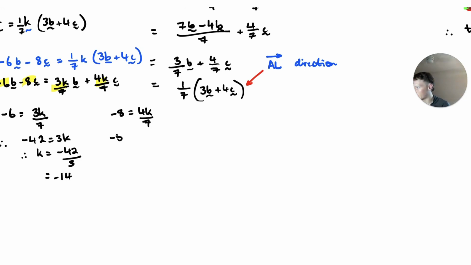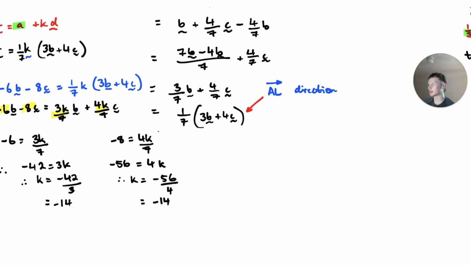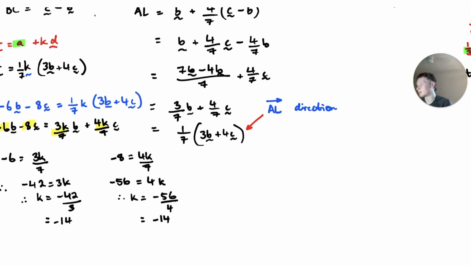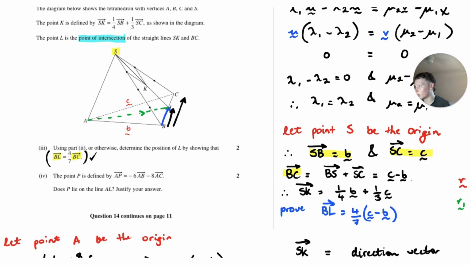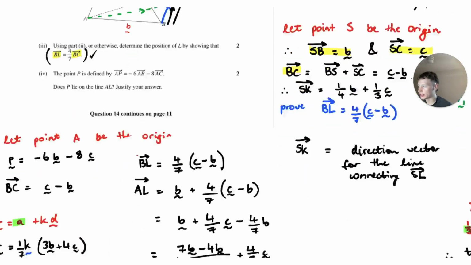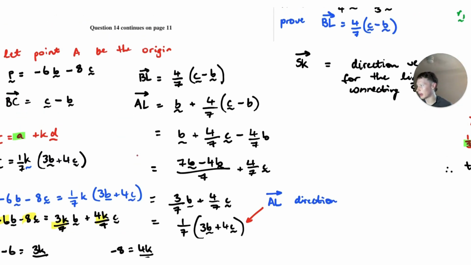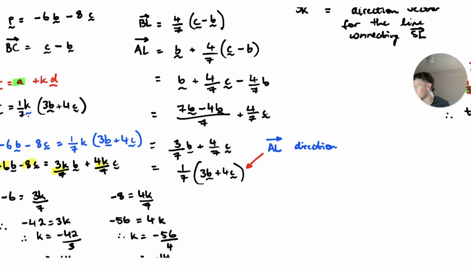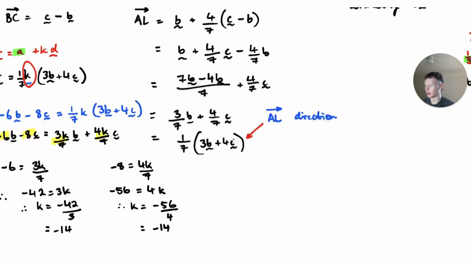That's going to be -56 over on this side equals 4k. Therefore, k has to equal -56 divided by 4, which likewise gives us -14. And so what that suggests is that on this line A to L, there is a value for k which satisfies the equation of that line being -14.